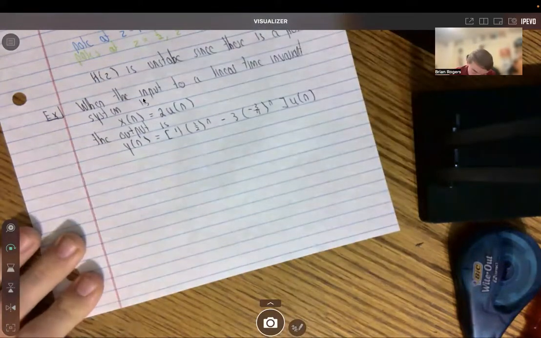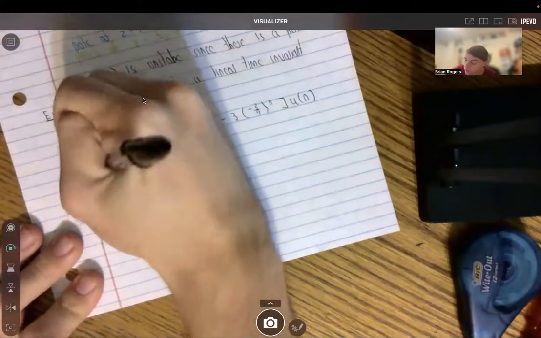It says, find the unit sample response of the system.